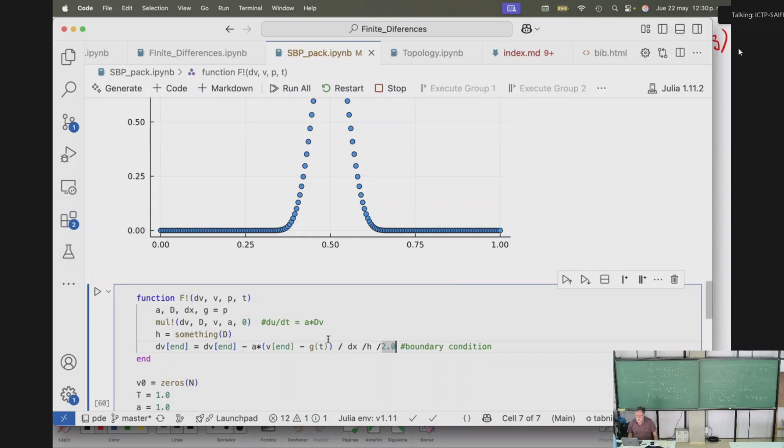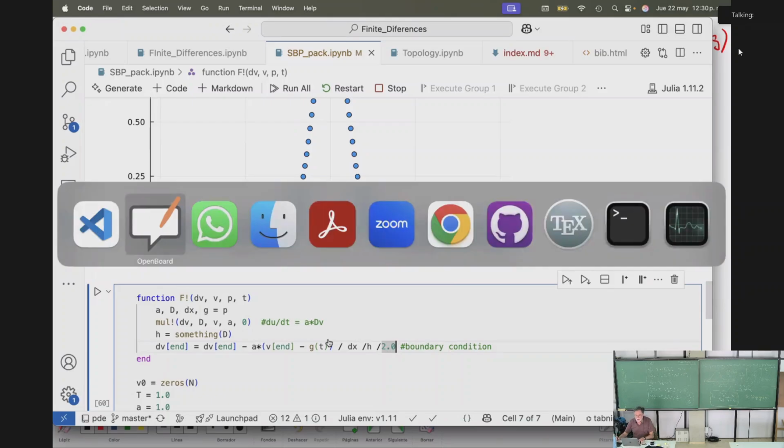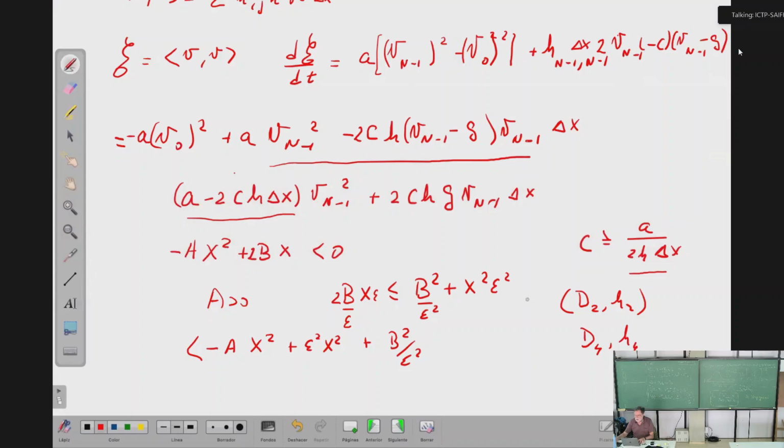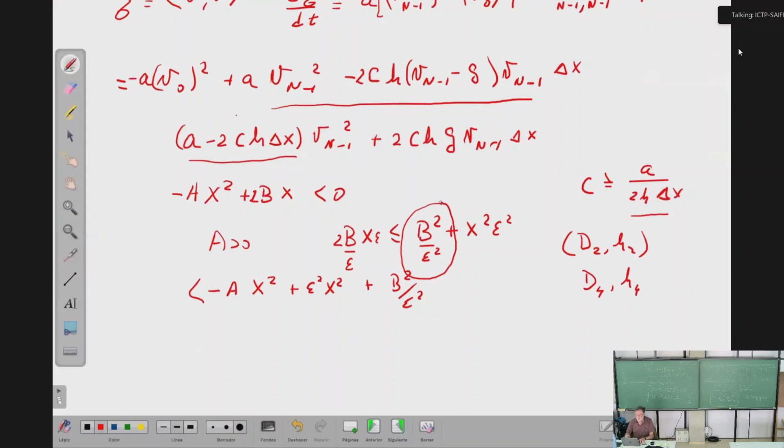So that's how we impose boundary conditions. In this calculation here, when we take the C bigger than this, then all this part is negative, and the only thing that remains is this part here. So what you get is a dt, the epsilon dt is less than or equal to b squared over epsilon squared, and the b has a g, right?